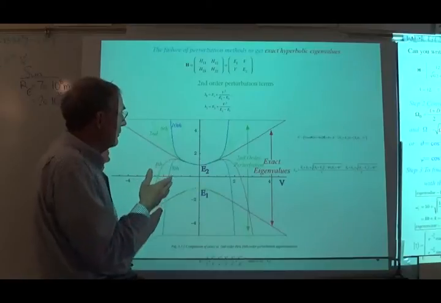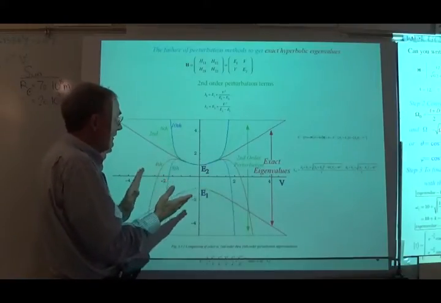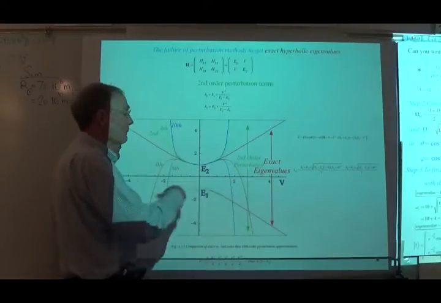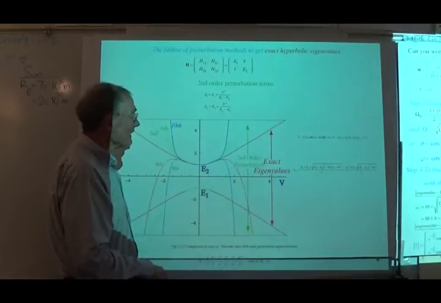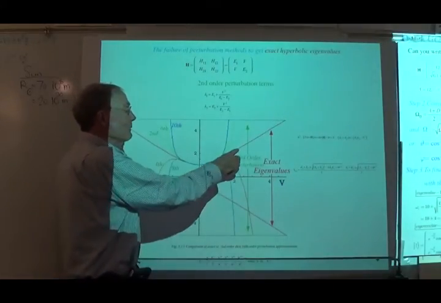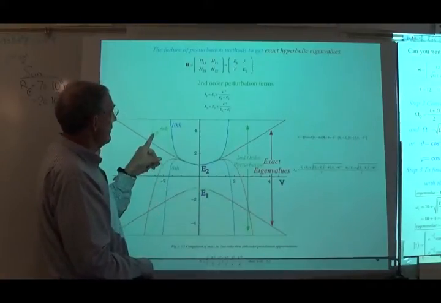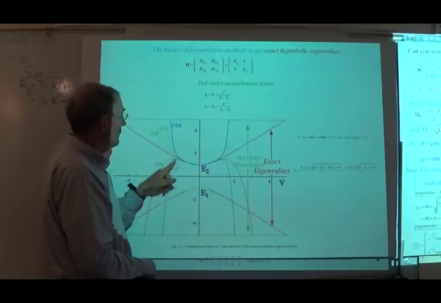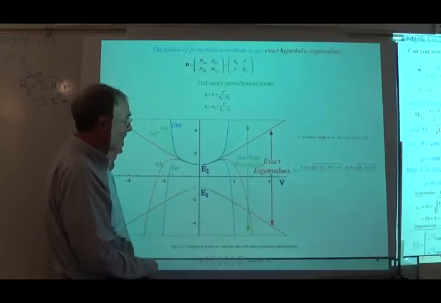What it really shows is the futility of doing higher order perturbation theory. When you're trying to get a hyperbola, you've got to go a long, long way before you ever get even up to here. These are second, fourth, sixth, eighth, and tenth order perturbations of this problem.